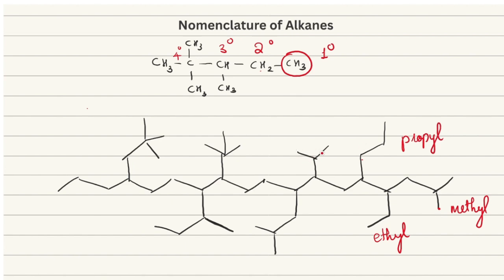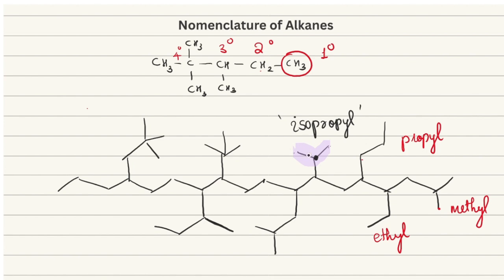Now, look at the next substrate. This is quite interesting. There are 3 carbons, but they are not in the straight chain. They are branched, right? So, in this case, we call this as isopropyl. Because a carbon is attached to 2 methyl groups, we call it isopropyl.